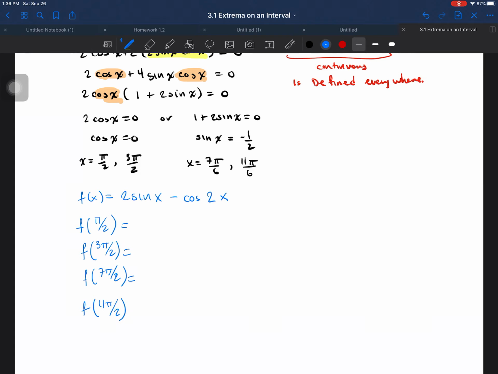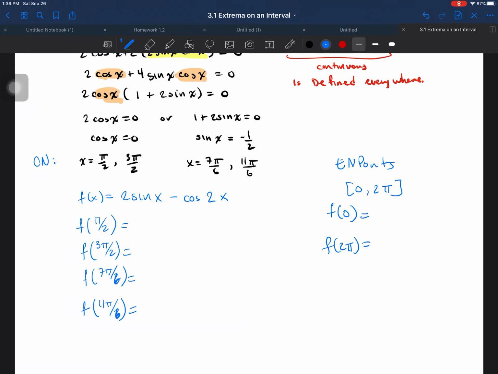Oh, sorry, that's a 6. It's supposed to be a 6, and that's supposed to be a 6. All right, and then these are the critical numbers. And then we're going to do the endpoints. And the endpoints were 0 to 2 pi. So we're going to plug in 0, and we're going to plug in 2 pi.